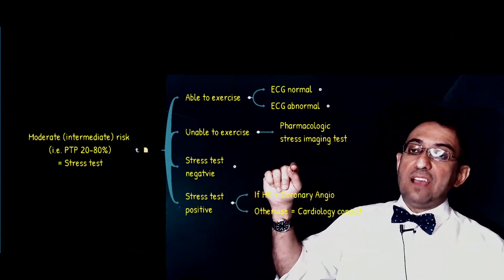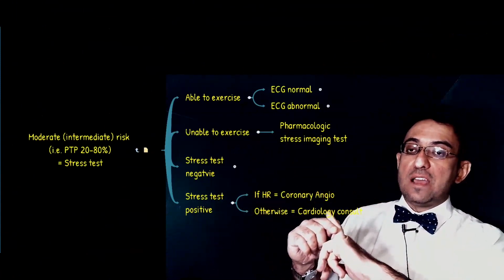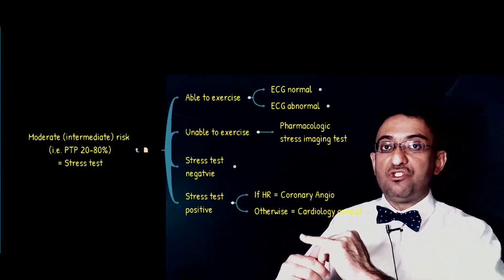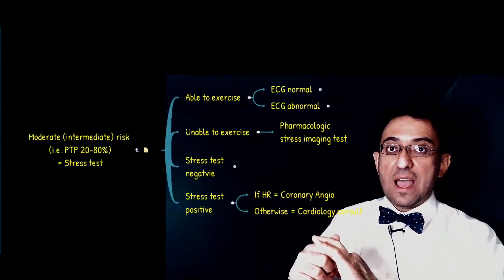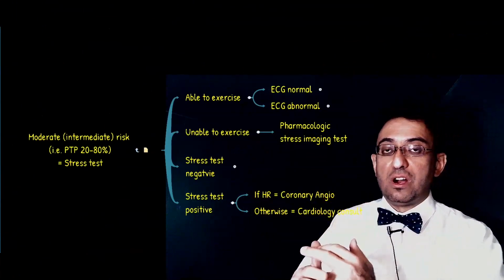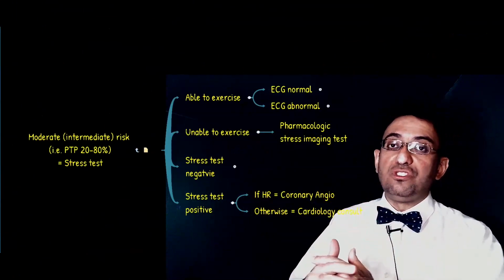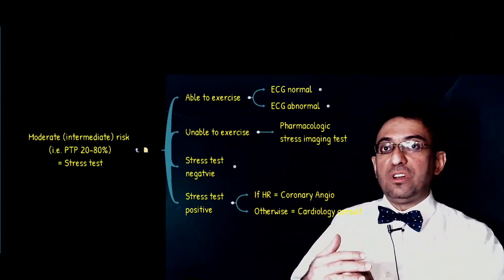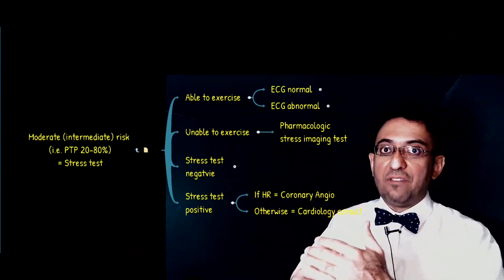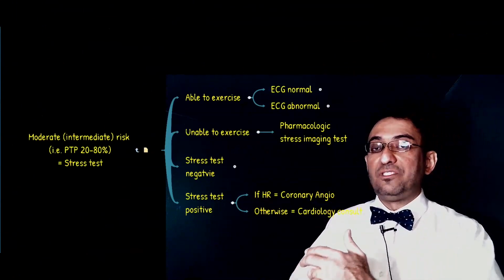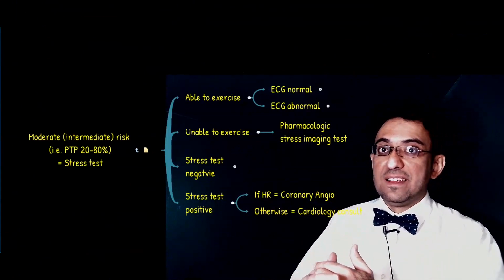Each test has predefined endpoints, either based on the patient's condition, or on the provider's determination of blood pressure, heart rate, ECG changes, etc., or based on the protocol. For example, 5 METs, metabolic equivalents, or the target heart rate is reached.